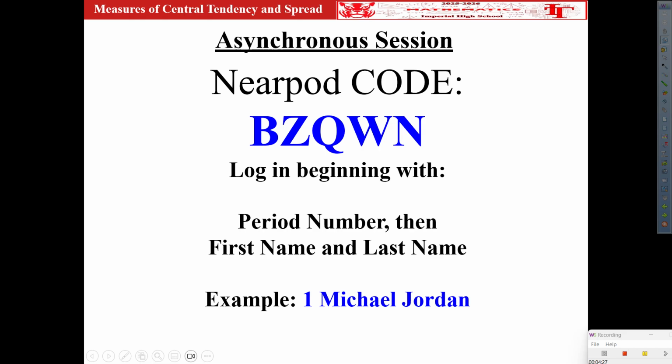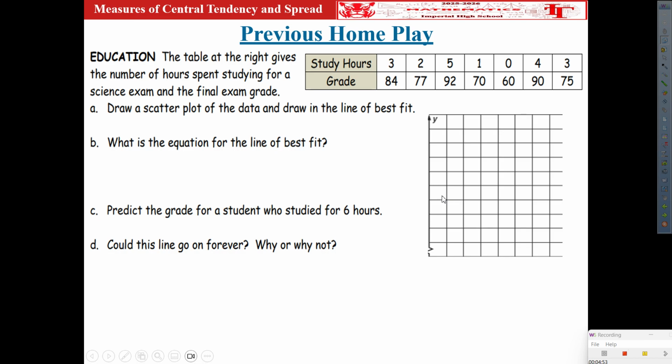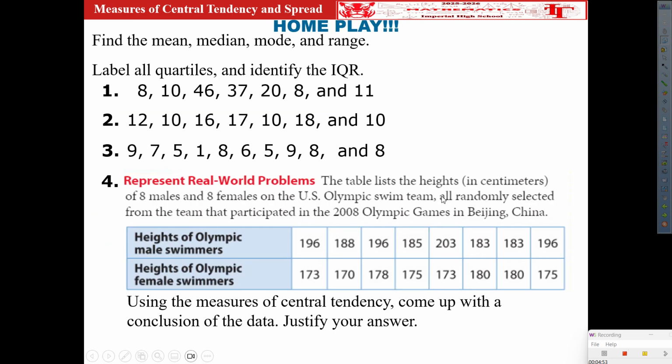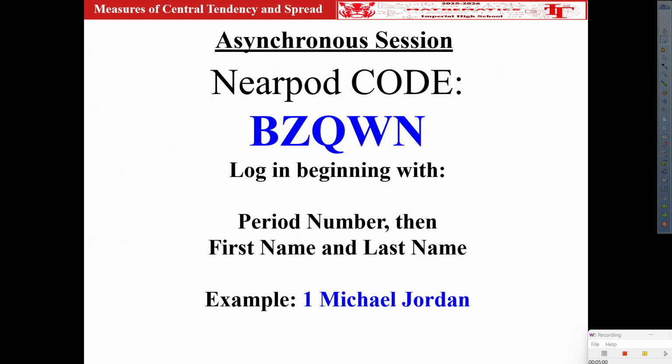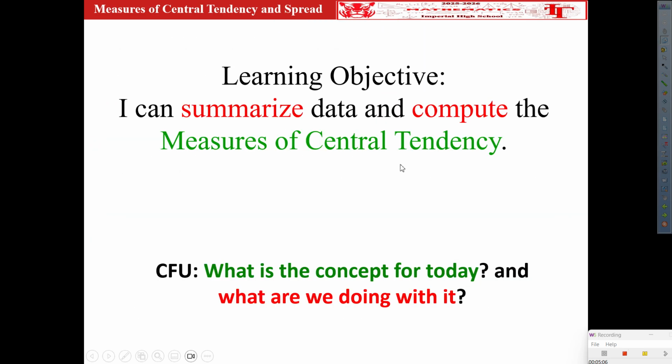On the slides that require you to write something, just scribble so it can continue until you get to the screen that looks like this. That's going to be the home plate for tonight. Once again, the code to have access in case you don't finish in class is BZQWN.